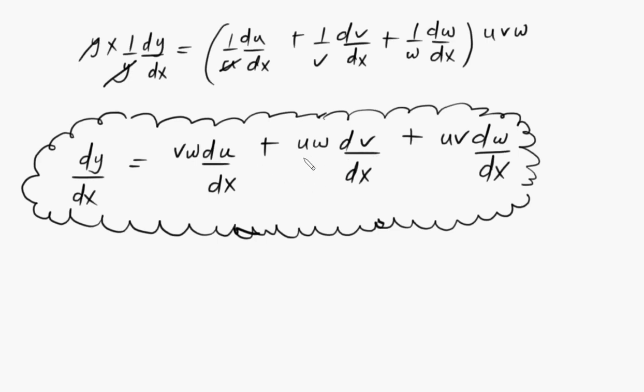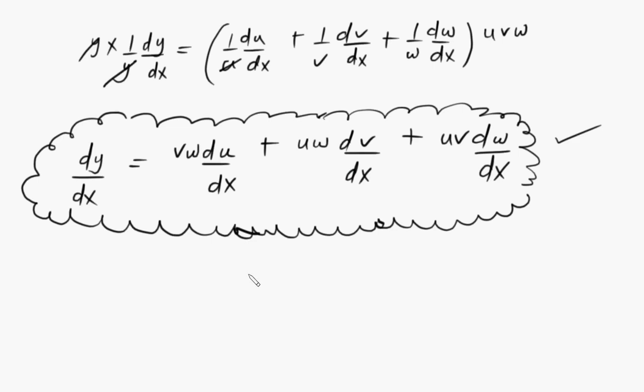So w has walked with u, w has walked with v, but u and v have not walked together. So u and v, and then w is the remaining function, so it's just dw dx. So you can just cram it in that manner. It's easier to remember. So this is for a product of 3 functions.